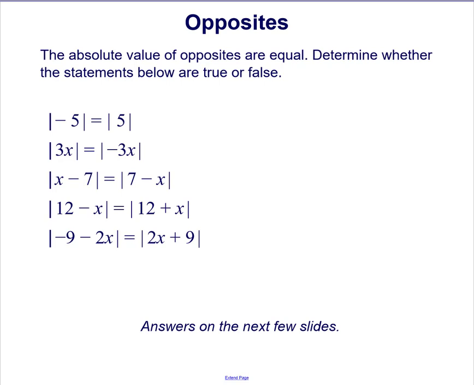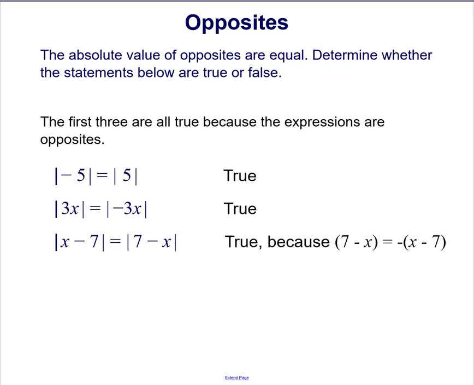Is the absolute value of 12 minus x equal to the absolute value of 12 plus x? And finally, is the absolute value of -9 minus 2x equal to the absolute value of 2x plus 9? Take a moment and consider these before advancing the video to see what the answers are.